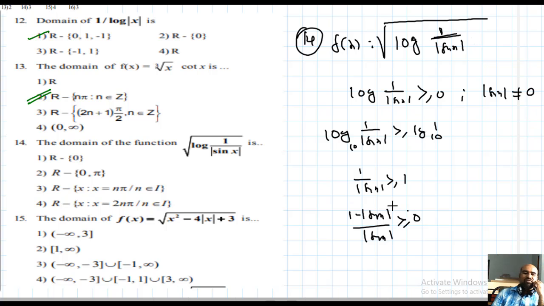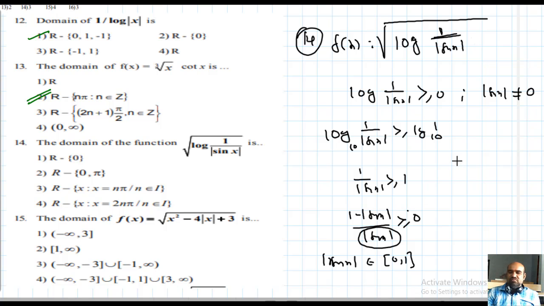I just took the LCM and it is complete. You already know that the value of mod sin x lies between 0 and 1 only. What is the meaning of that? Take any value of x, the value of mod sin x is 1 or less than 1 only. That's why this is valid. Only one value of x you need to remove, that is mod sin x equal to 0. That value should be removed from all real numbers.